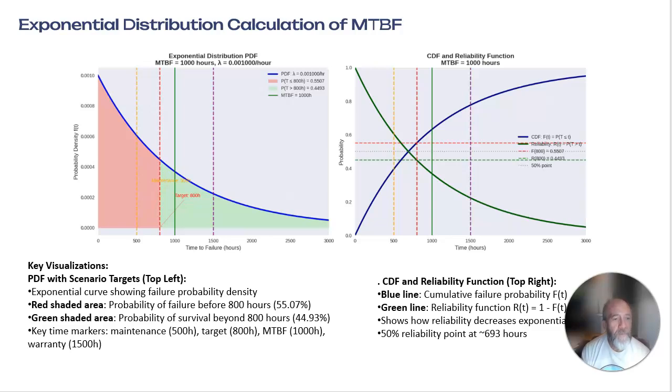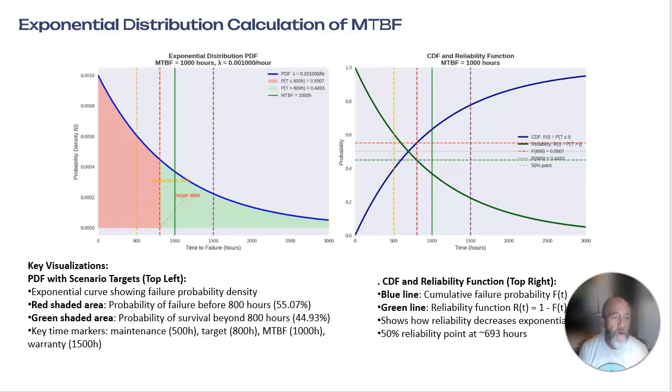And remember, the actual probability is the area under the curve. So if you were asking for the probability of a mean time between failure of X hours and Y hours, you would look at the area under the curve of this PDF between X and Y.